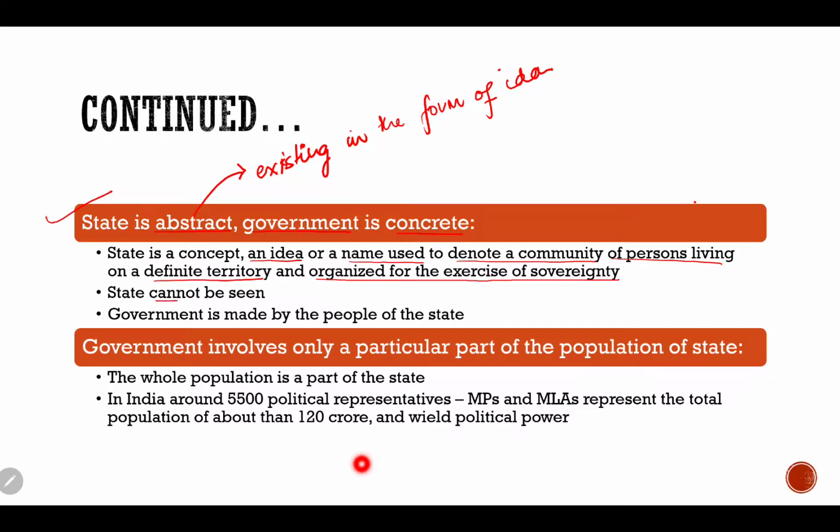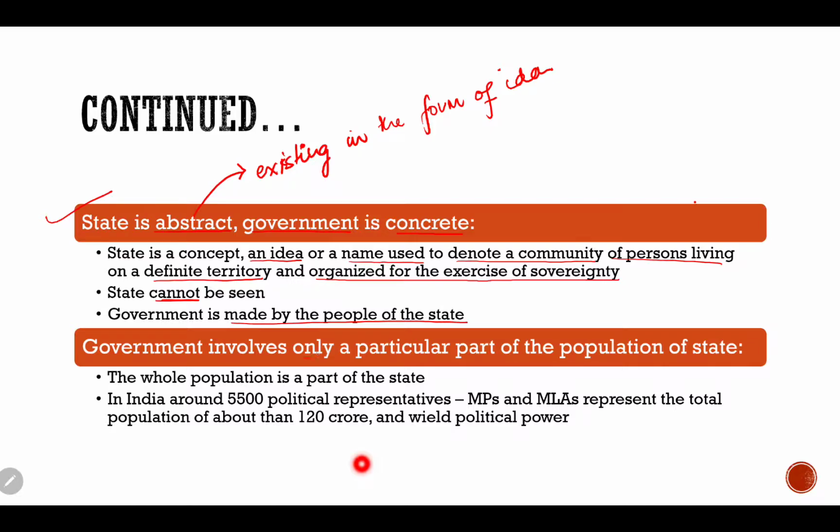State cannot be seen, but the government is made by the people of the state, because we people vote for the representative, and that representative will be part of a bigger political party. Then if that political party gets a majority of votes, it will form a government. Simple.